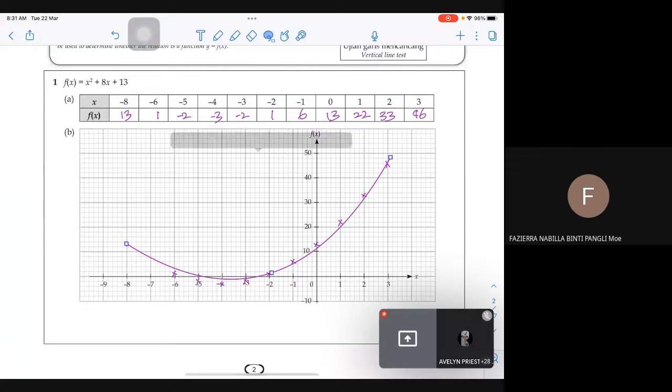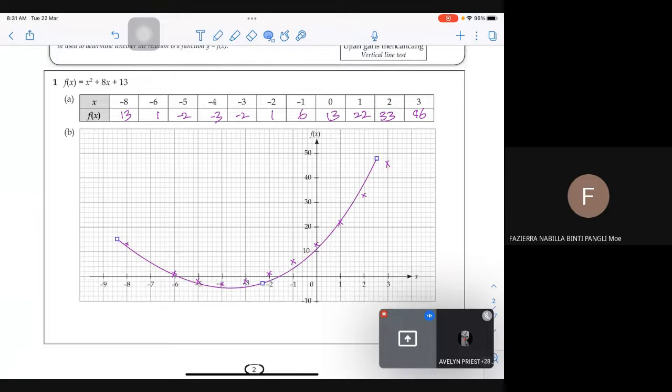Okay. Okay, please remember that the curve must be very beautiful, like mine. Mesti cantik.